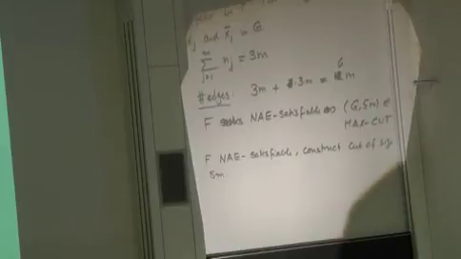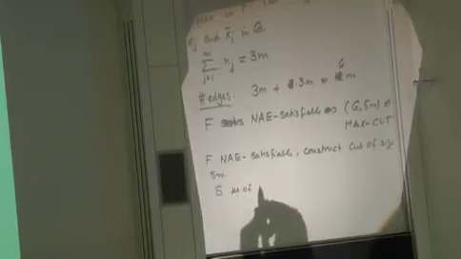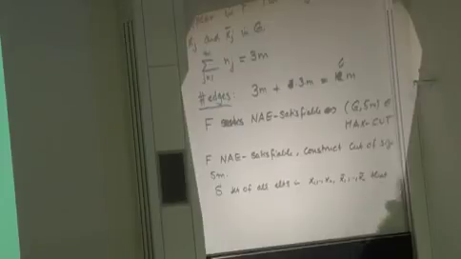So for this one, I take S to be the set of all elements in x1 through xn, x1 bar through xn bar that are true.